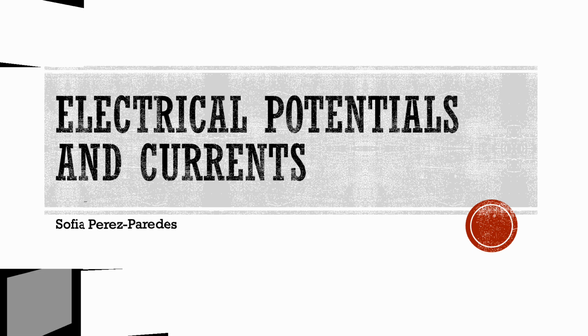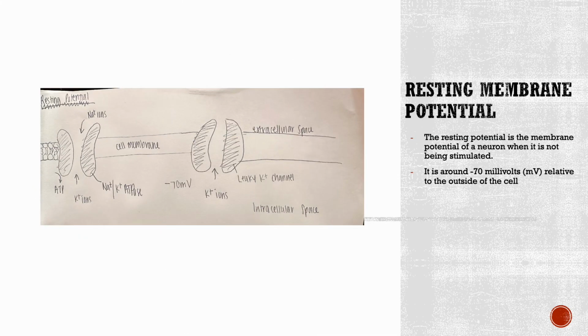So the first current that I'll be talking about is the resting membrane potential. The resting membrane potential is maintained by the sodium positive/potassium positive pump, which pumps 3 sodium ions out of the cell and 2 potassium ions into the cell, creating an electrochemical gradient.